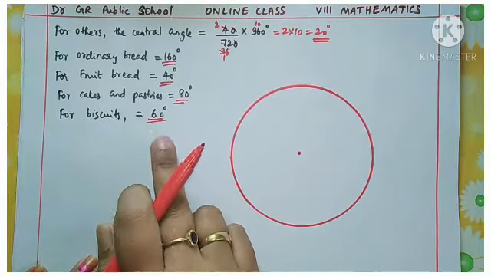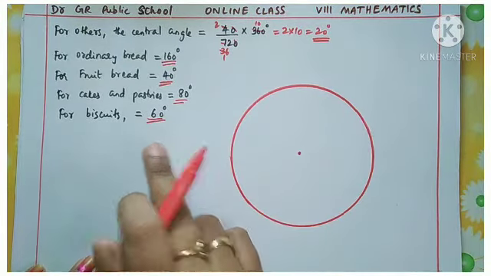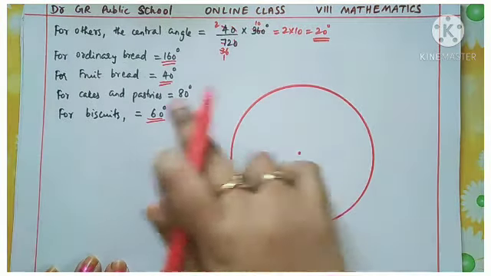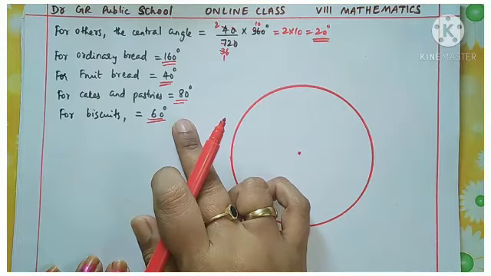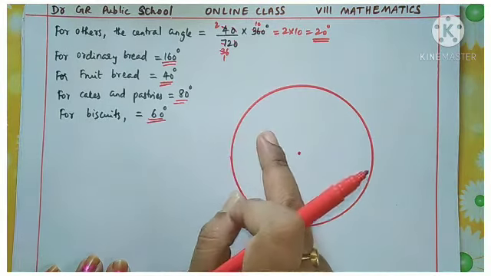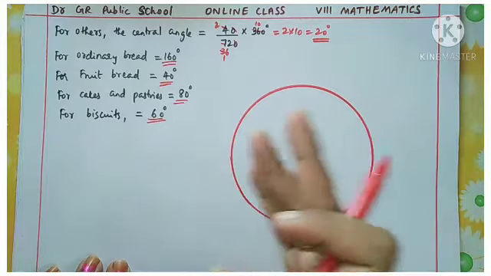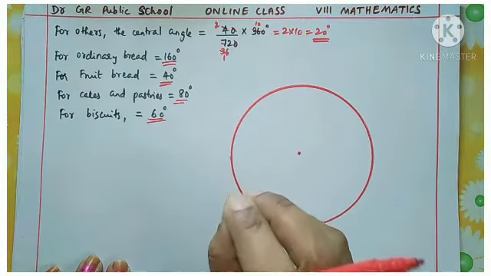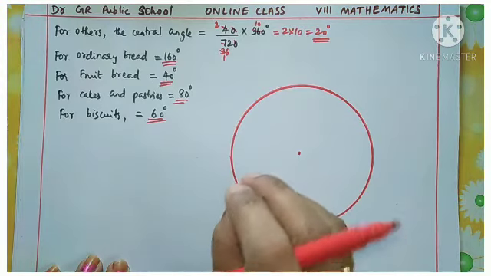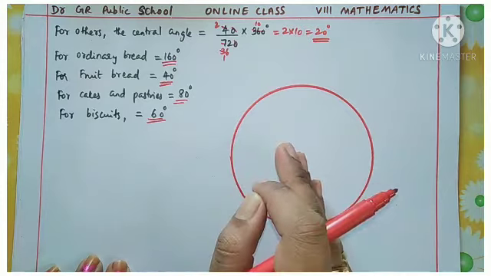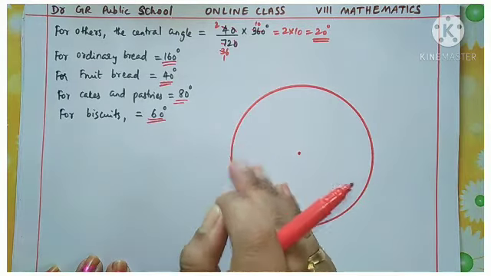So this is very important: whenever you want to construct a pie chart, you need the angles of the different sectors. Without angles, we cannot form the pie chart. So whenever you want to construct a pie chart, you want to find the different angles of different items. Don't forget that.